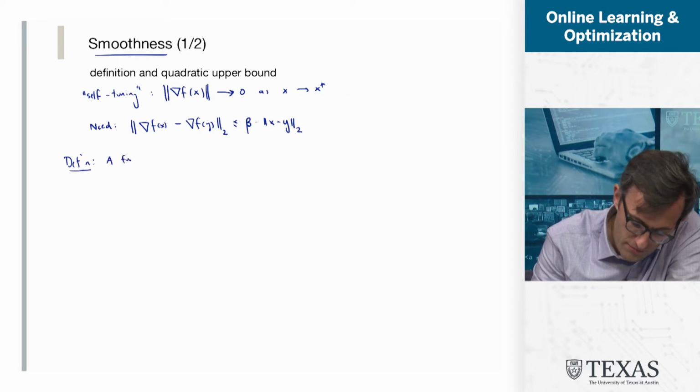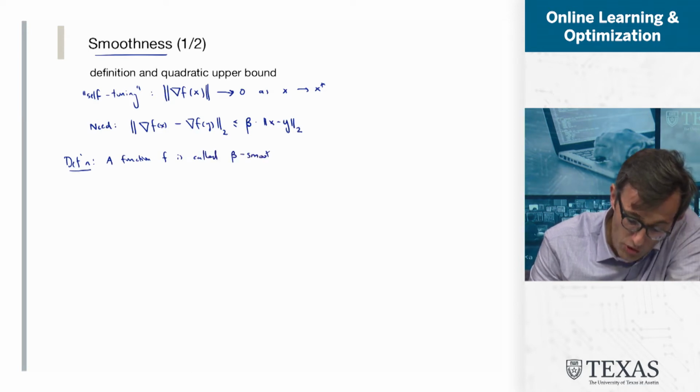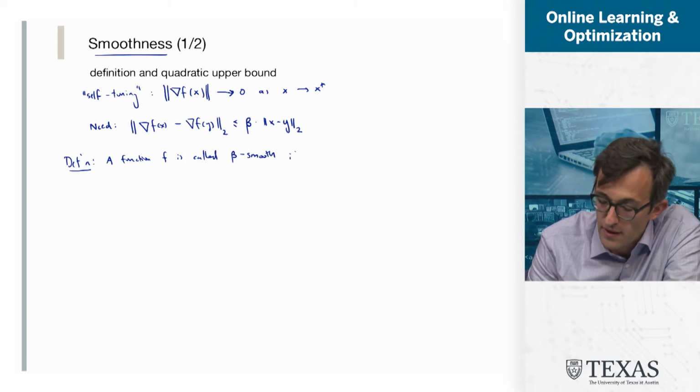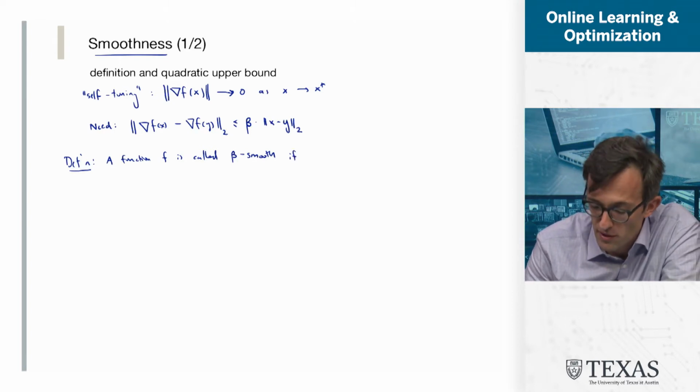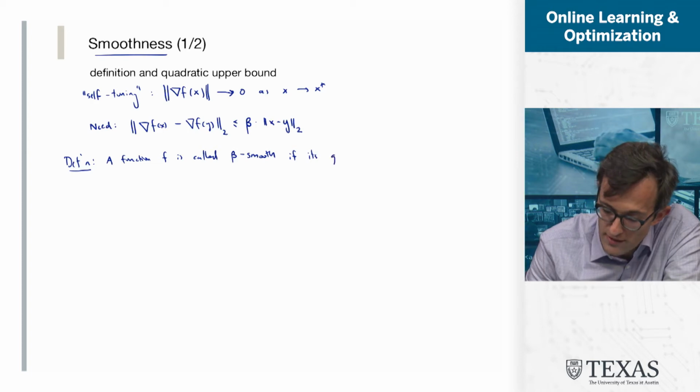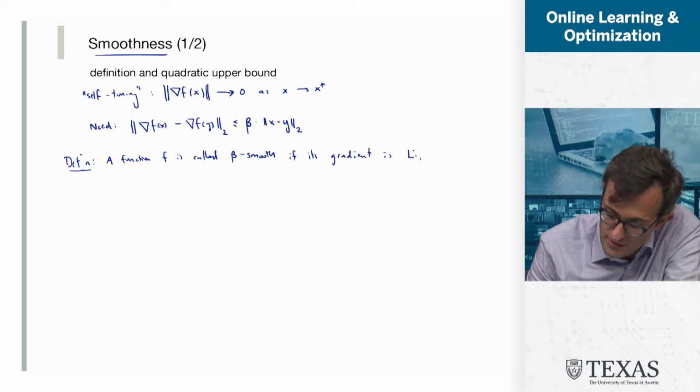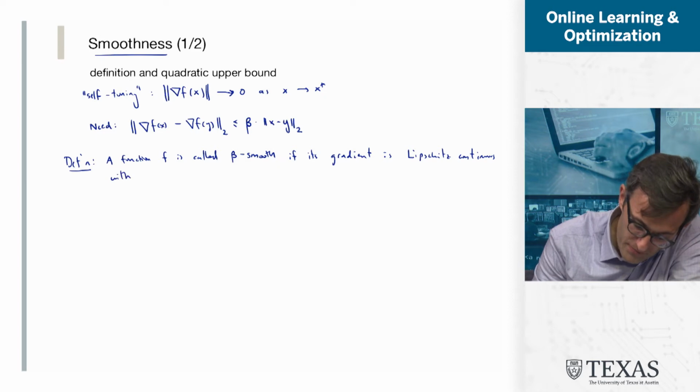A function f is called beta smooth, or smooth with parameter beta, if its gradient is Lipschitz continuous with parameter beta.